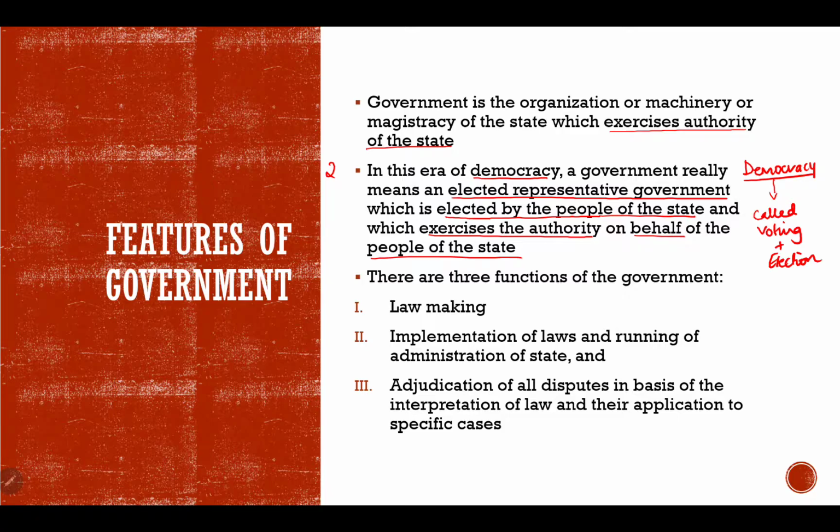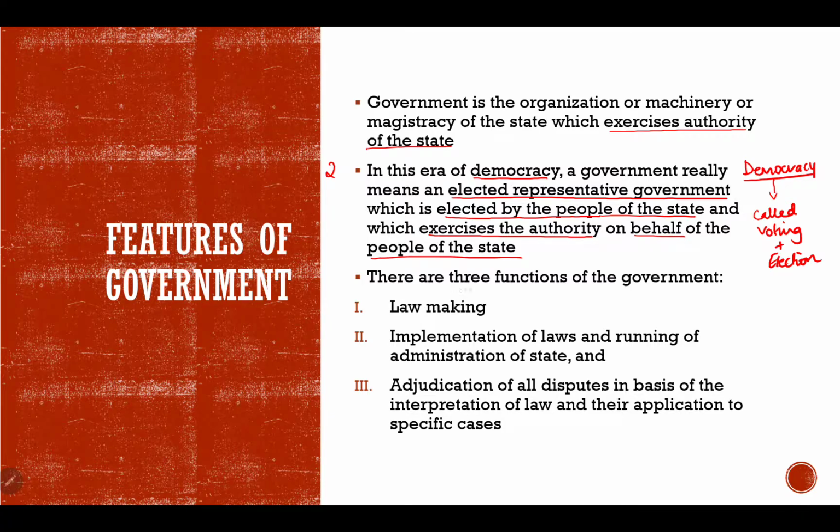Once a person becomes elected and wins the election, that representative will represent us, the people of the state.